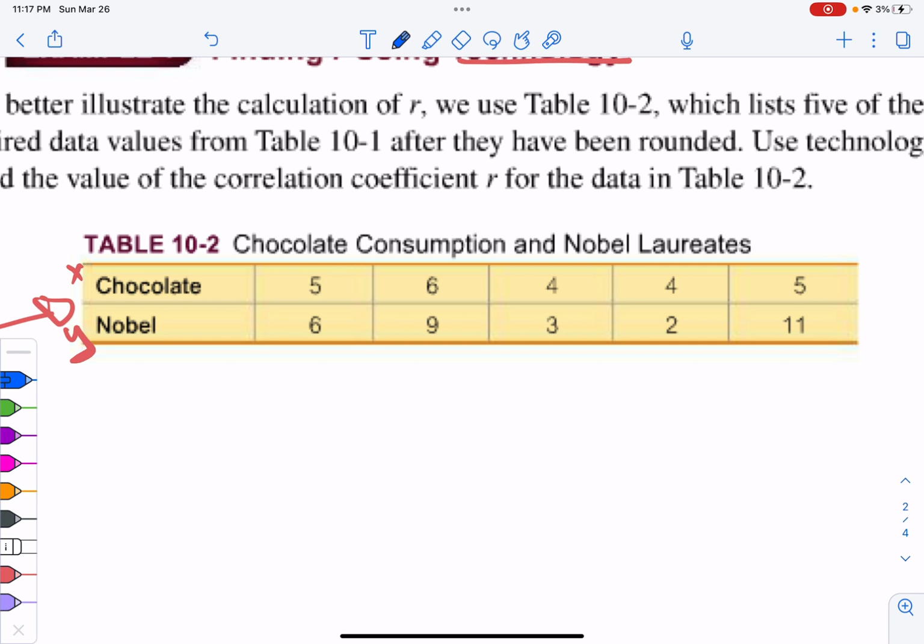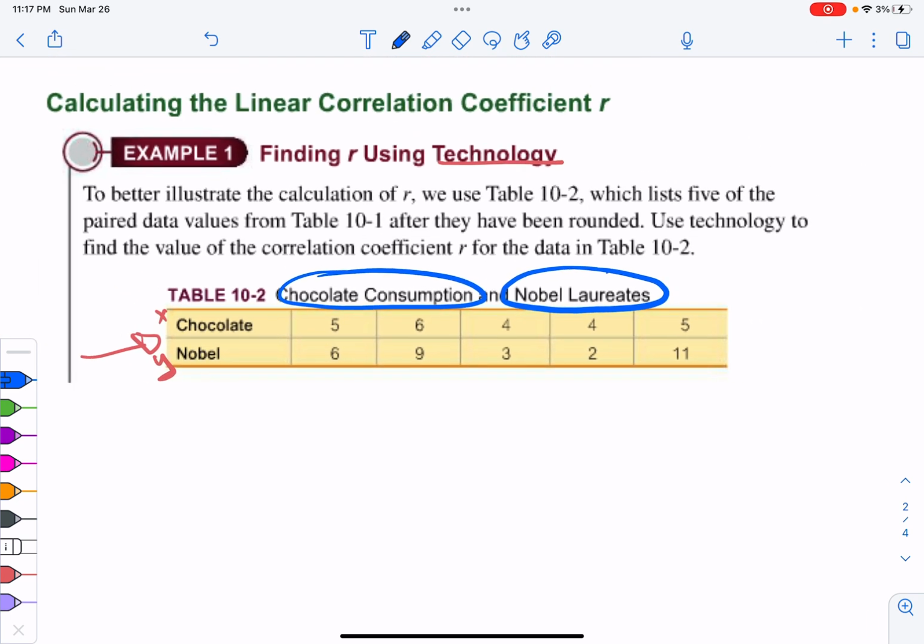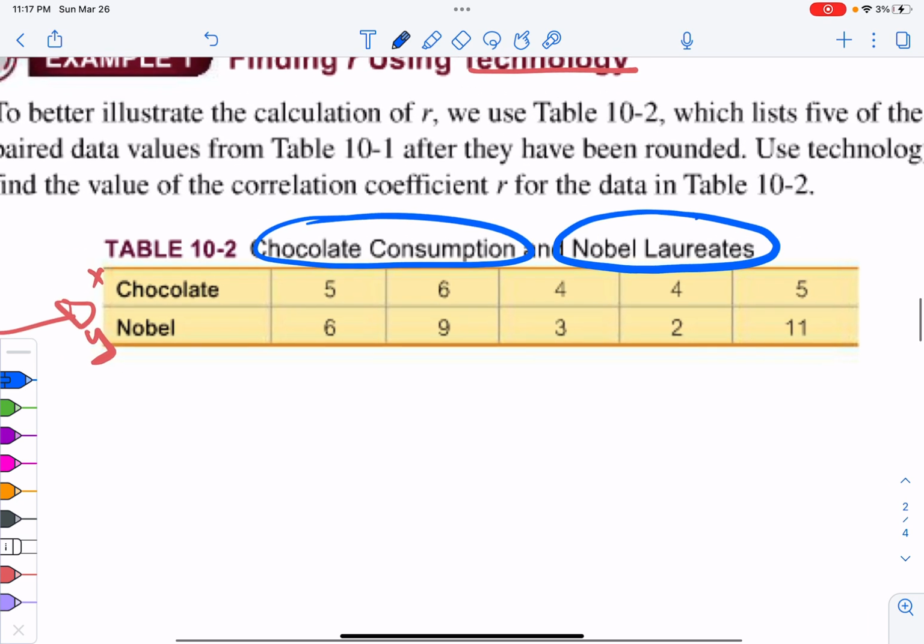Okay, so let's just talk about the things that we are comparing. We're talking about chocolate consumption, so the amount of chocolate you are eating, right? And then Nobel Prize winners, so Nobel laureates is what they're called. We're talking about people who have won Nobel Prizes and chocolate consumption. I don't know what these units are in. It doesn't say. So I don't know however many pounds of chocolate they've consumed in a year or something.